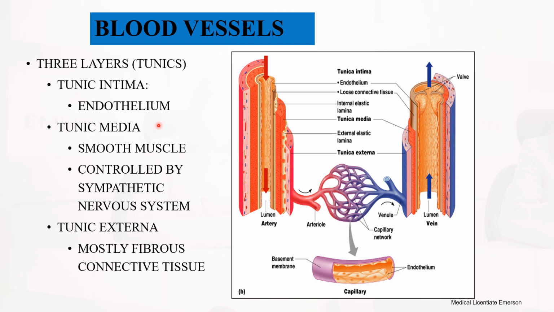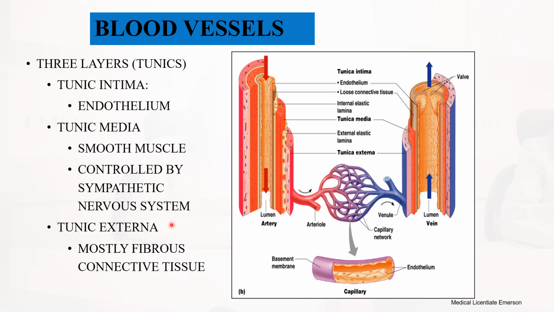Okay, so let's look at the blood vessels. The blood vessels have three layers, which are known as tunics. We have the tunica intima, which is the endothelium. We have the tunica media, which is the smooth muscle, controlled by the sympathetic nervous system.